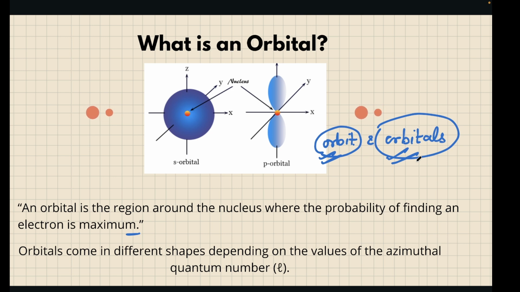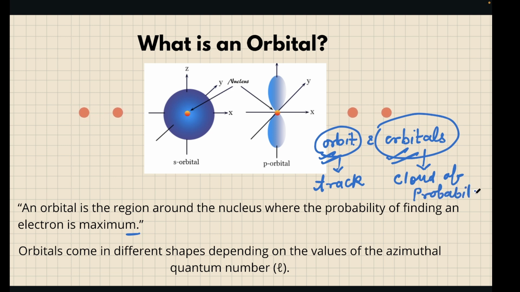We can remember it like this: orbit is like a track and orbital is like a cloud of probability.